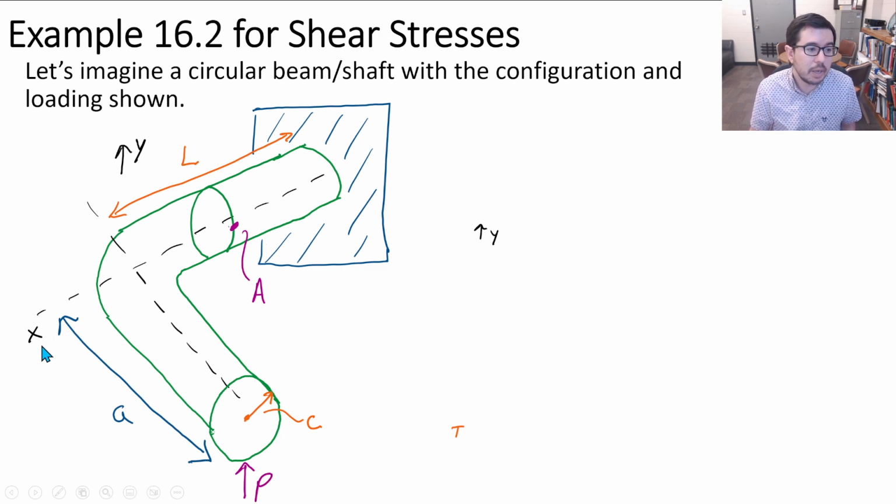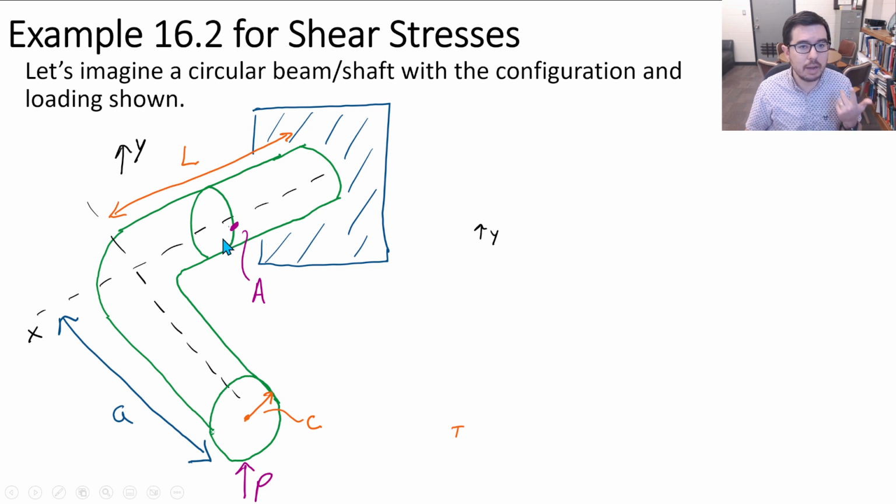We could call it T, in the positive X direction with magnitude of PA, P times A. This P, though, can also be transported over to here, and that's like having a force P acting along this beam, which would be causing an internal shear force, which would give us a shear stress at this location A. Because there's a shear force, we can think of it as an average shear stress acting on this face, and this is on the neutral axis, and so it's going to be hitting a maximum.